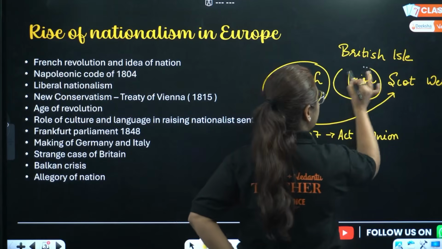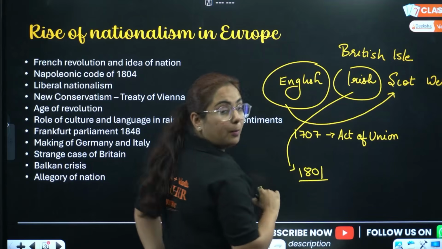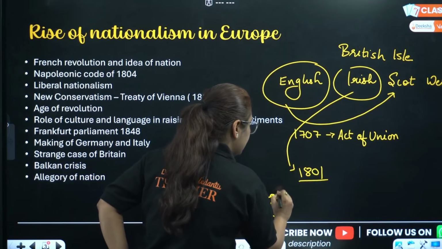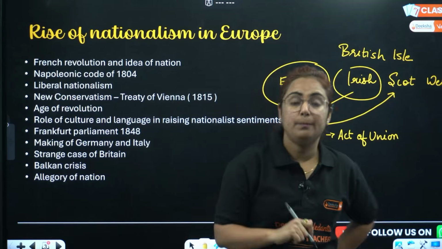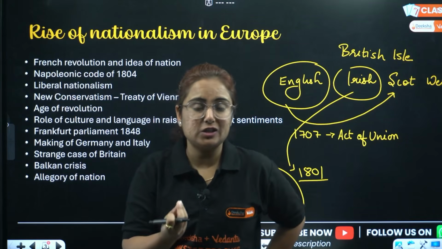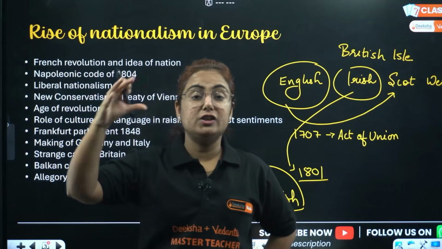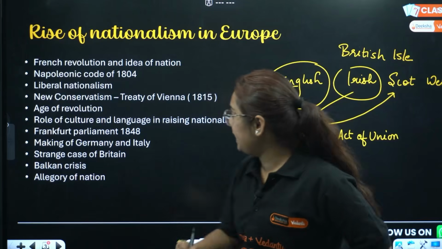Then we have the Irish people. What happened? In 1801, they were forcefully incorporated into England. So the English people highlighted their language. The national anthem was imposed to build a feeling of nationalism. God save our noble king. And the Union Jack, the national flag, was imposed on all the people. Okay, get it? Very good.